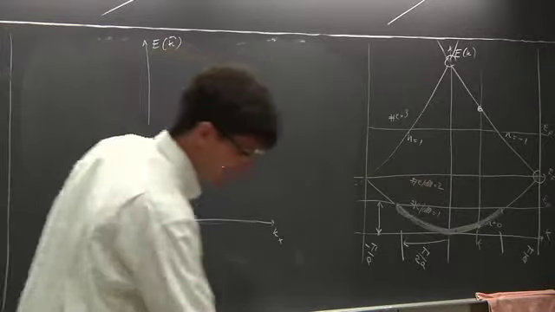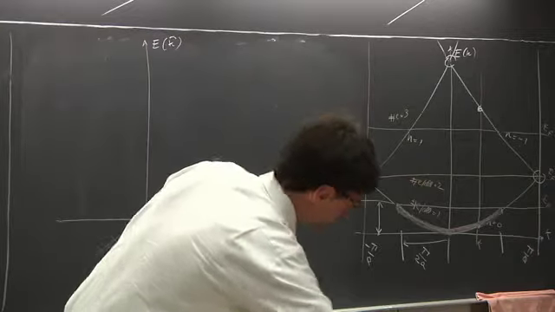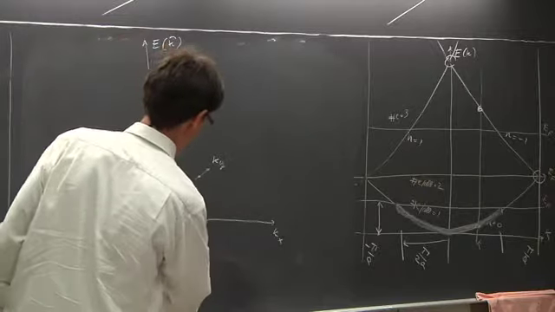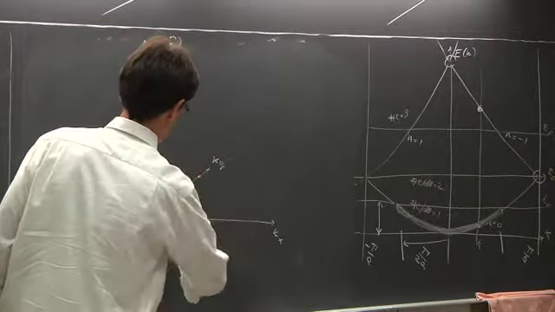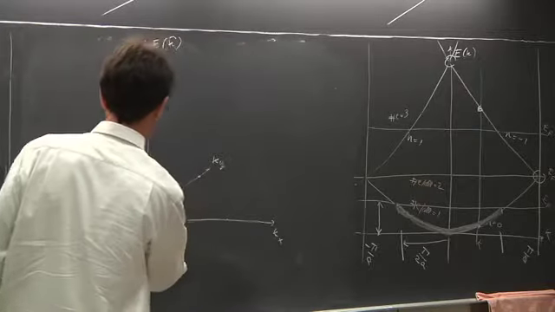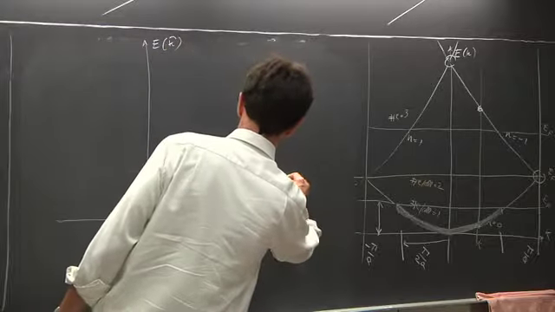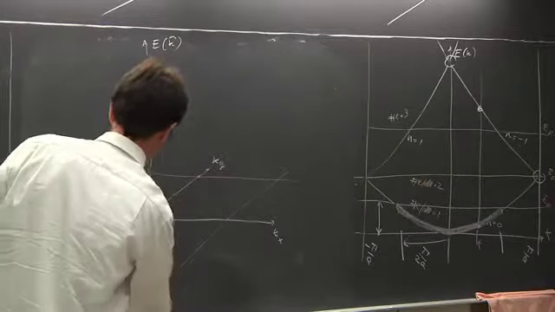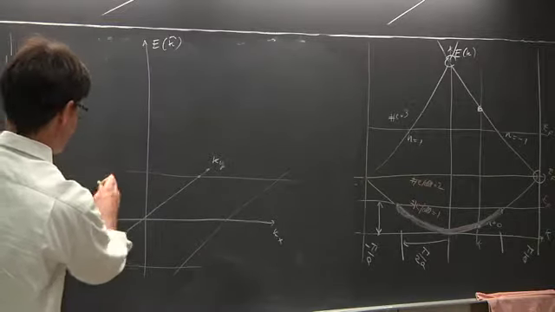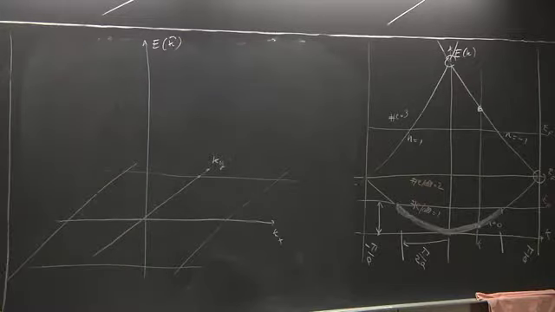So let me now draw the Brillouin zone. I'm going to use the green. So if this is the value, say, of pi over a in the 2 dimensions, well, that will be okay.